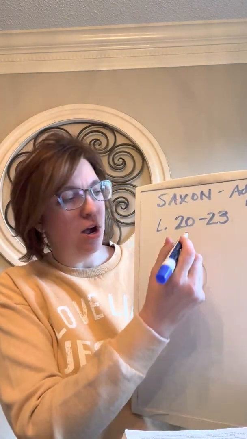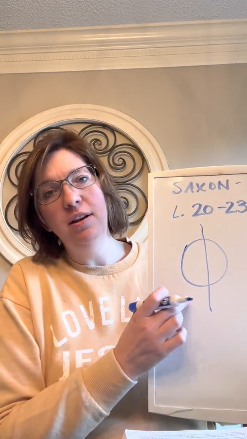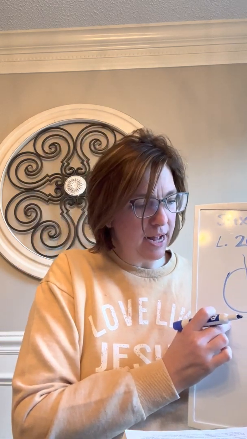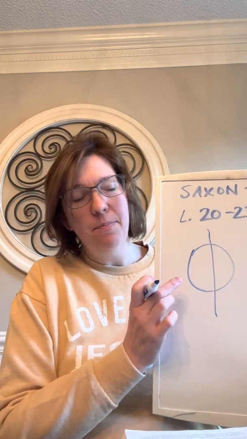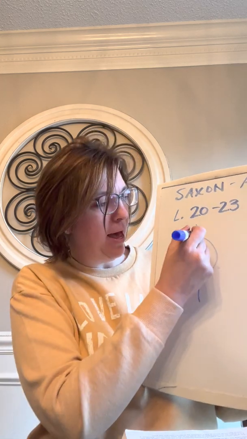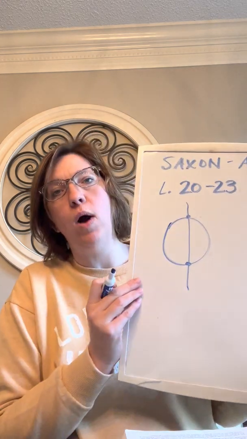Now, we have done tests for functions, and we call that the vertical line test. So if I were to draw a circle, I understand that that cannot be a function. The reason is it is a relation, but it is not a function because it passes through the vertical line test twice, right?